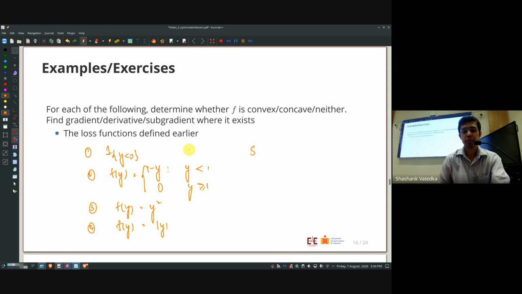One pair of points that you can take is maybe -1, 1, and the point, I don't know, 0, 0. Right? So all you need to show is that property 1 is violated. That is, you can find a lambda between 0 and 1 for which the first definition doesn't hold. What about the second one? Okay, how do you prove that it is convex?